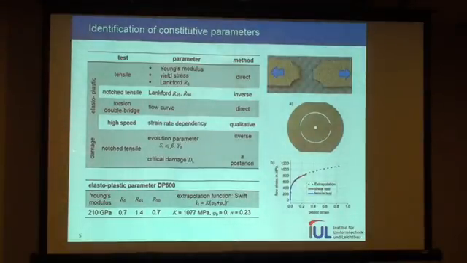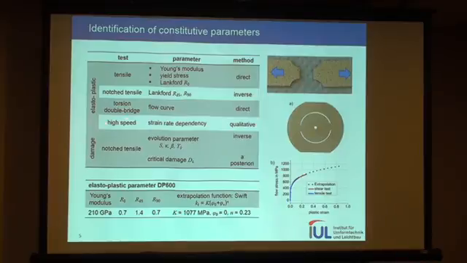The tests we have done for identification are the standard tensile test for the elastic regime and anisotropy, and a notch tensile test shown here for the anisotropy. For the flow curve, we have used a torsion test with a double bridge developed at our institute.